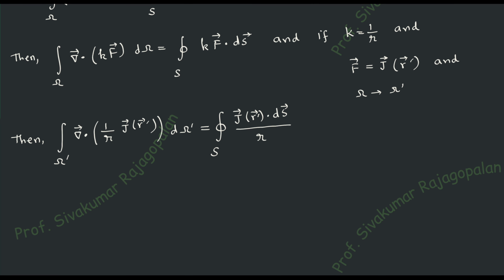The first point to understand is that capital J is the current density. And an important point, as I explained in the very beginning, the units are ampere per meter square. And ds prime is, as usual, the elemental surface area, and the dimensions are, as usual, meter square.